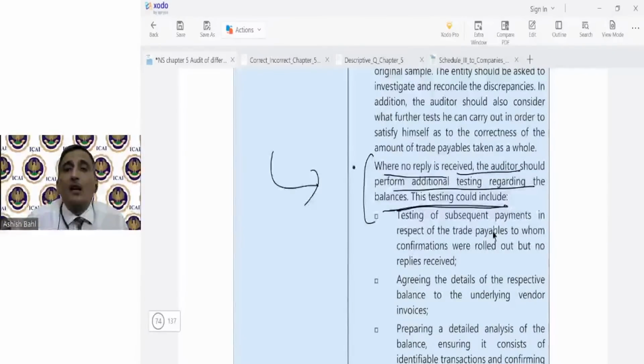Now, the auditor has to perform alternative audit procedures to see whether the amount represented under this trade payable is proper or not. So how can he do that? He can perform alternative audit procedures like testing of subsequent payments.